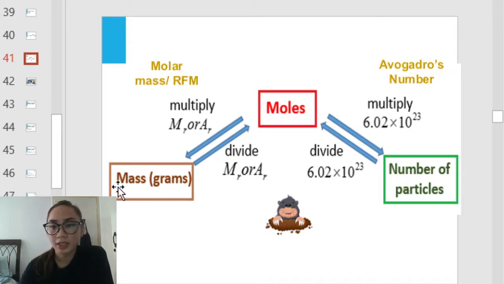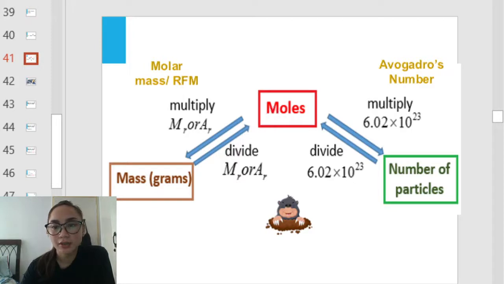So, given that we have the mass in grams and you are asked to find the moles, we have to divide our mass, yung given natin, sa ating molar mass, no? So, you have to find the RFM or relative formula mass in order to convert into moles.